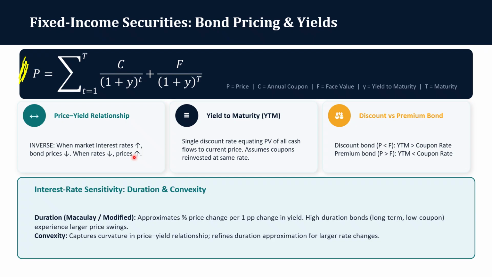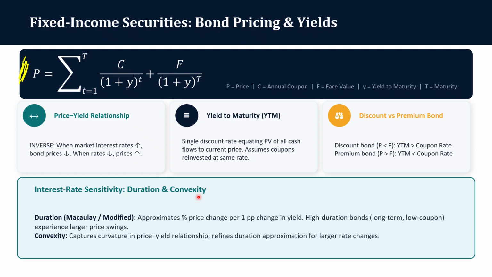Now let us talk about duration and convexity. Duration, or modified duration, is a measure of a bond's sensitivity to changes in the interest rate. Roughly speaking, it tells the percentage change in the bond's price for a 1 percentage point change in the yield.